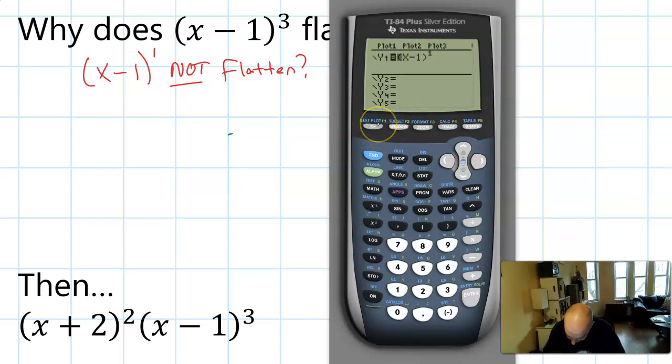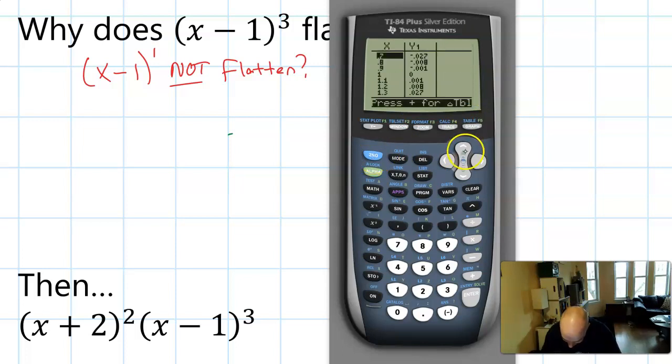But what if I change this exponent to 3? Then the graph looks like this. It's a cubic, and it should cross 1, but notice how the cubic part flattens out. And if you look at the table, let's scroll from 0 again, because at 0 we have 1, and then we start getting fractions, but we're taking exponents of fractions, so the numbers are getting smaller, but not at a constant rate.